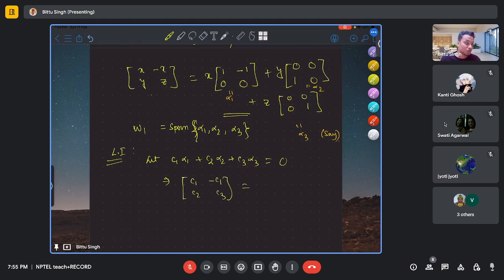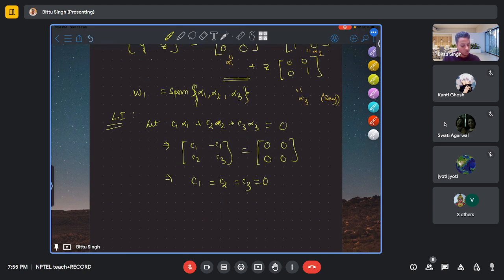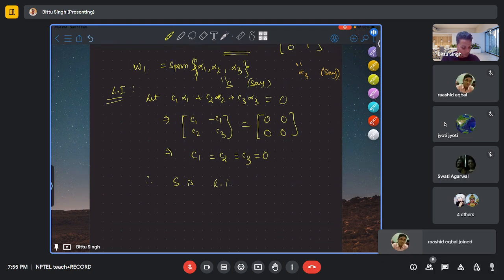So this is the 0 matrix. What is the 0 matrix? Everything is 0. Therefore you get C1, C2, C3, everything are 0. Therefore, instead of repeating, let us give the set the name S. Therefore S is linearly independent. Now you can say S is a basis for W.